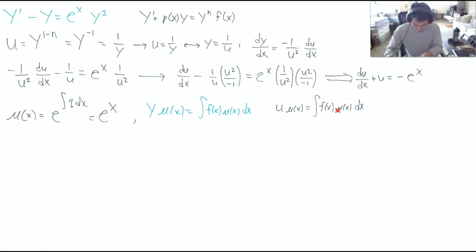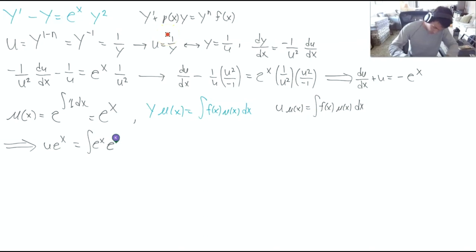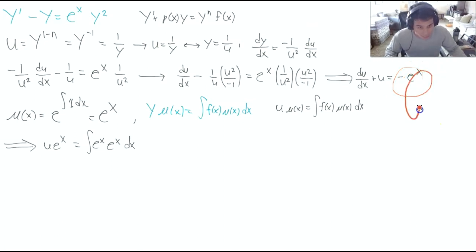So if we use that formula, u mu of x is e to the x, and this is equal to the integral of e to the x times f of x dx. Oh, f of x in this case is negative e to the x, my bad.